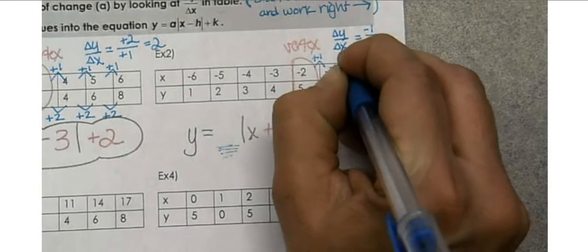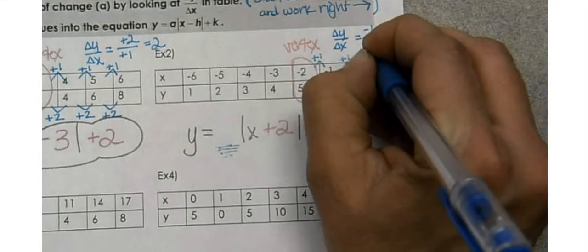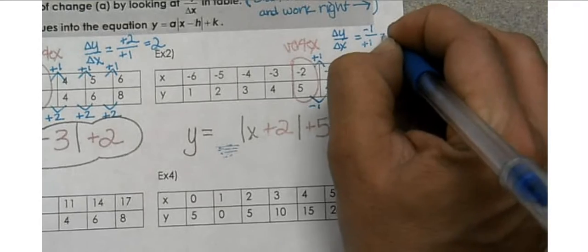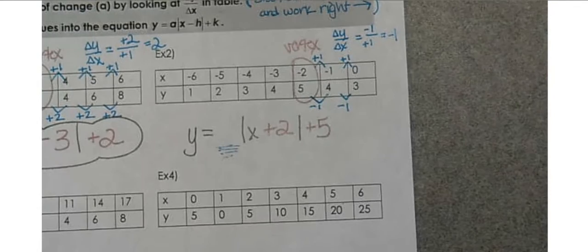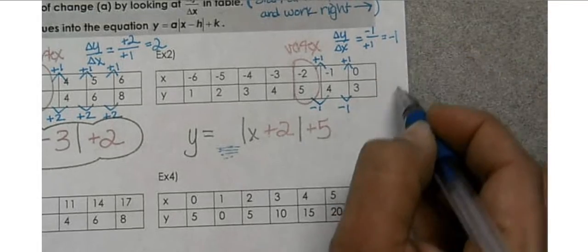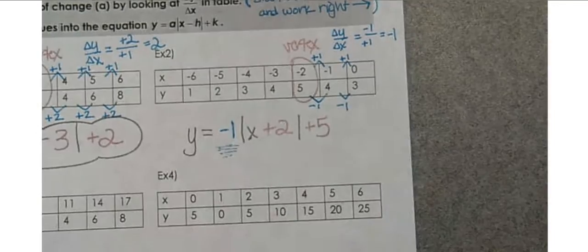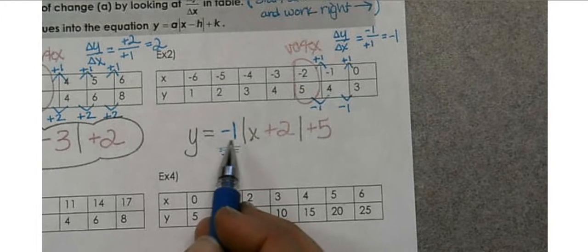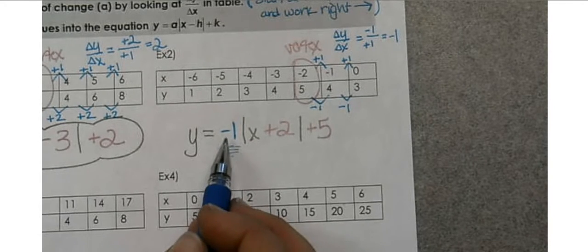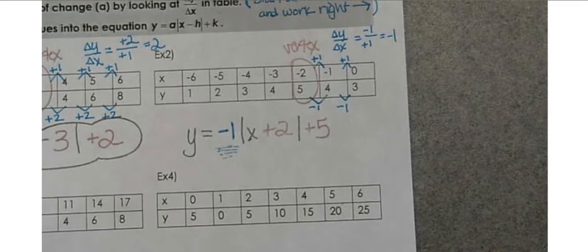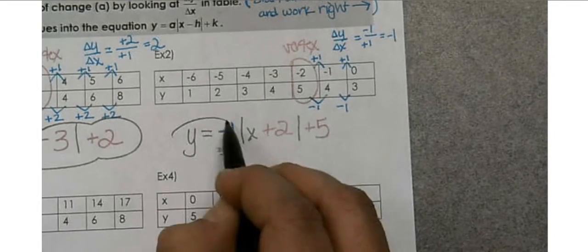Our change in x is +1. And what does -1 over +1 turn into? Well, -1. So that's what goes here, -1. And to be honest, you don't even need the 1. You could just put a negative symbol. That means there's a reflection, but no vertical stretch or shrink. But that's our equation. That's the gist of it, guys.